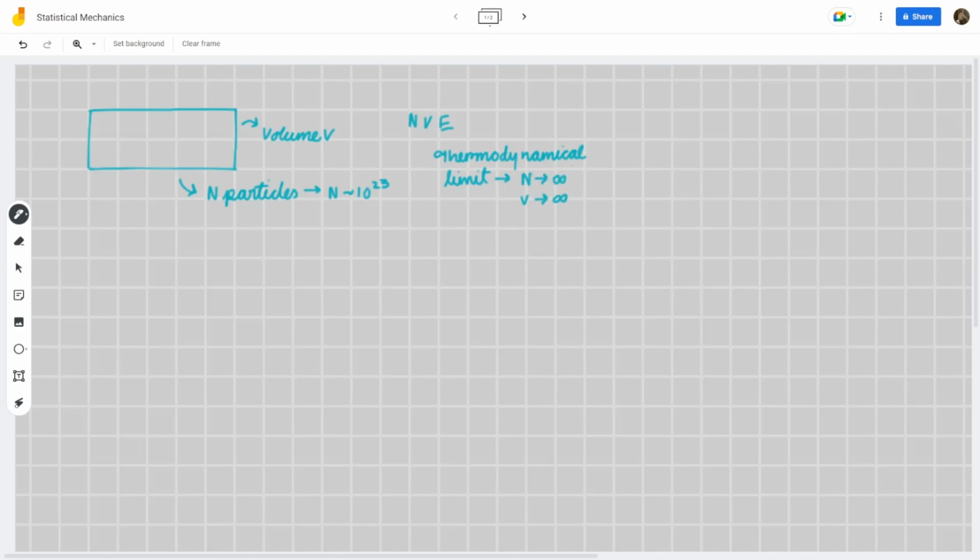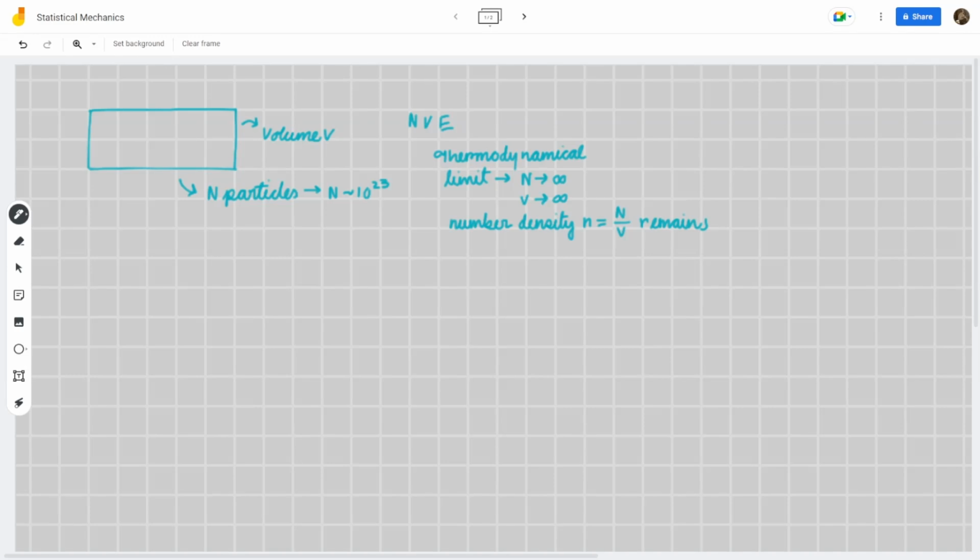Thus, the number density N upon V remains the same as its predefined value.